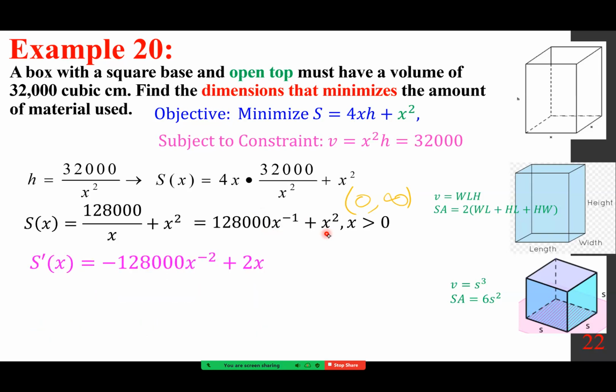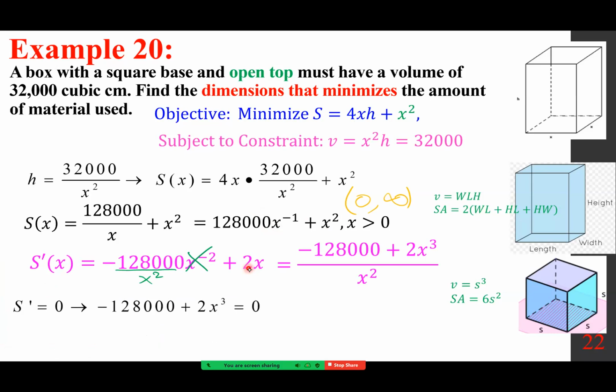Since we are interested in finding the CPs, that means setting it equal to 0 and so forth. We're going to write this over x squared and take a common denominator. So this becomes 2x cubed. A fraction is 0 when the top is 0, which means 2x cubed is 128,000.